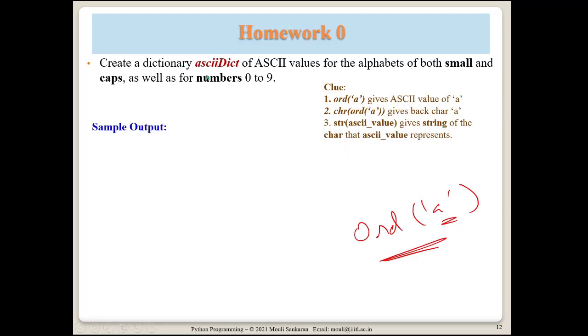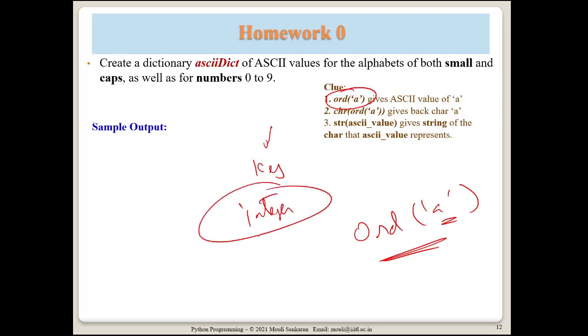So what I want you to do is create an ASCII dictionary of ASCII values of the alphabets, both small and caps, as well as the numbers 0 to 9. So the keys are ASCII values. How do you get the ASCII value? You use it like this: ord of a, that gives you it. So the ASCII value itself is what? An integer.